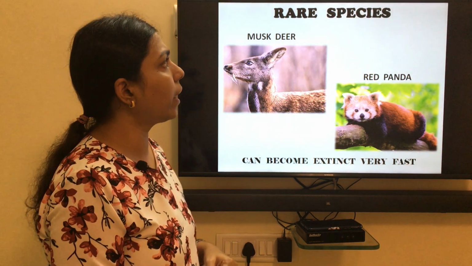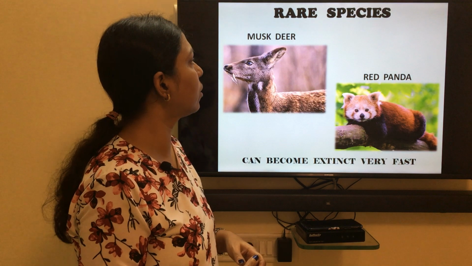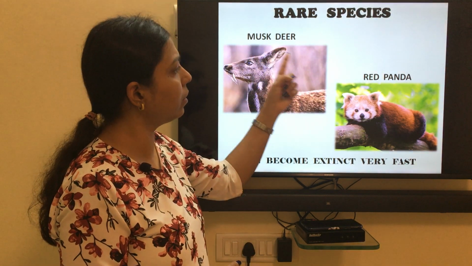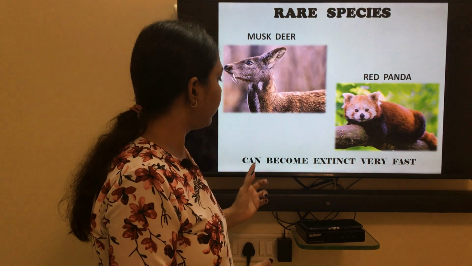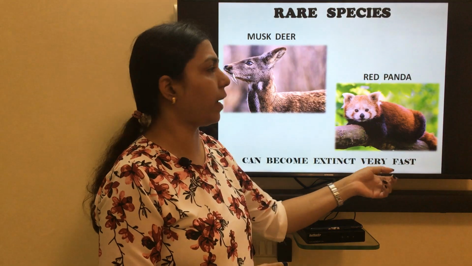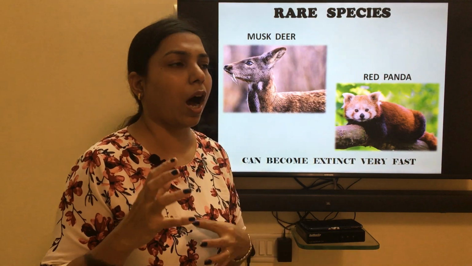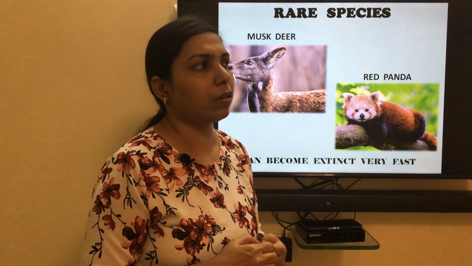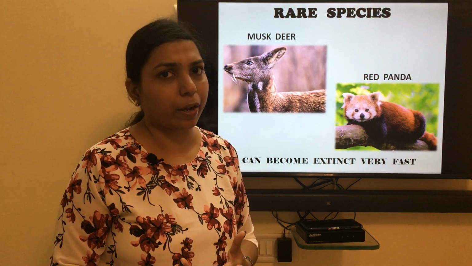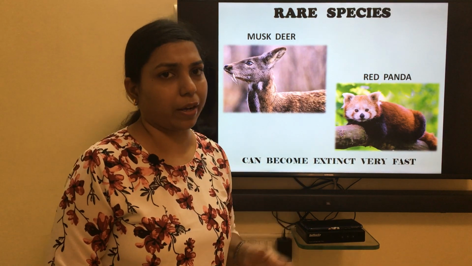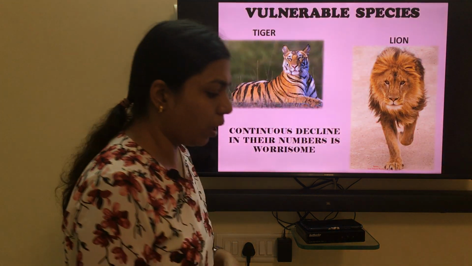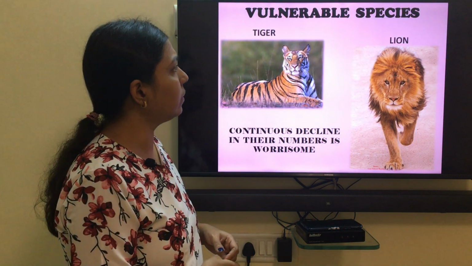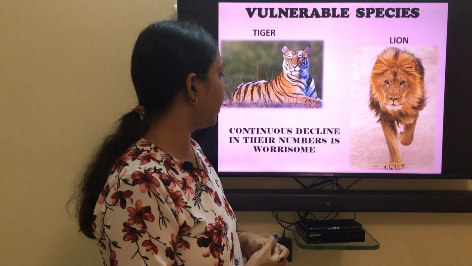Then you have something called rare species. These include animals like the musk deer and the red panda. They can become extinct very fast. Okay, their numbers are quite less, and again, if you don't take care of them, they will be extinct very fast. Vulnerable species, these include the tiger and the lion.